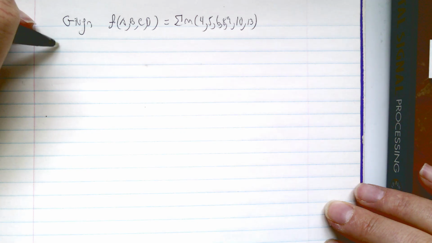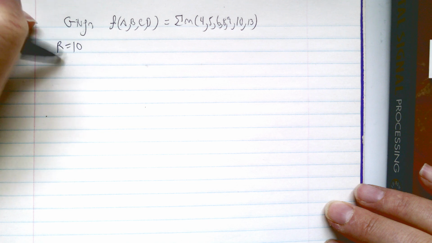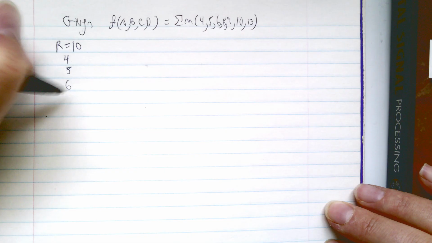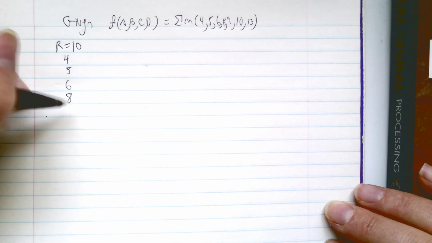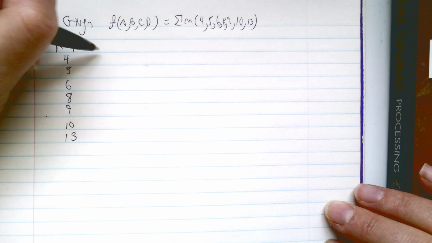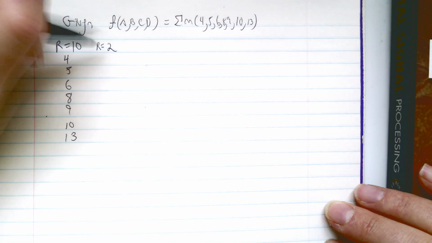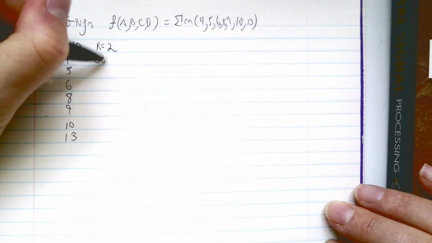First thing I'm going to do is write out radix equal 10 and write out my min terms 4, 5, 6, 8, 9, 10, and 13. I'm going to write them out with radix equal 2 using 4 bits.